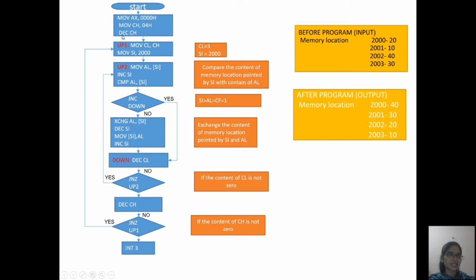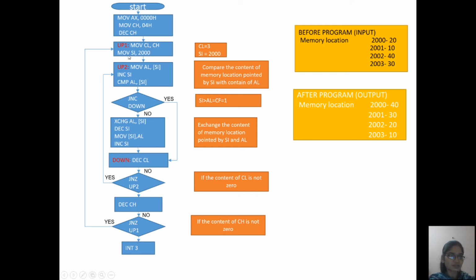The next instruction is decrement CH. So after decrement, the content of CH register is 03. The next instruction is move CL comma CH. So the content of CH register is moved into CL register. After this, CL contains 03.